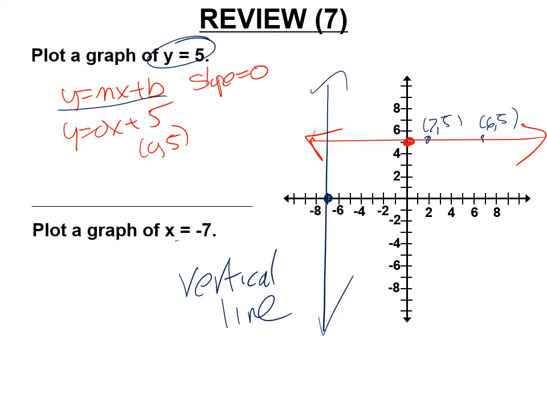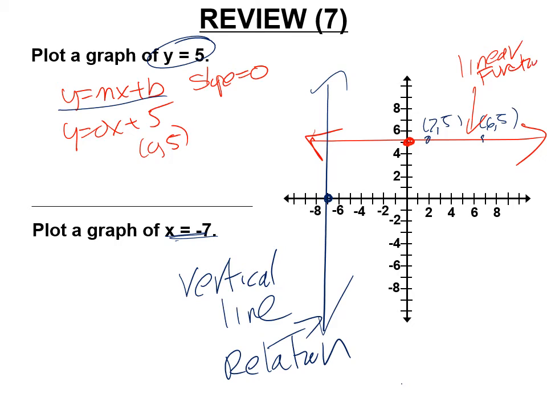All right, this one is a relation. It is not a function. That's why it doesn't start with y. y equals mx plus b doesn't work. This one is a linear function. The red one doesn't have any duplicate x's. The blue one here has nothing but duplicate x's. Every x here is -7.